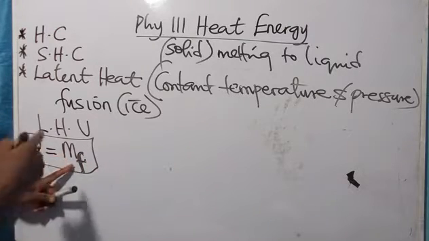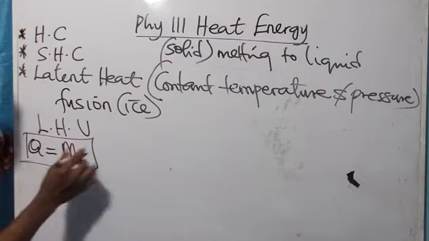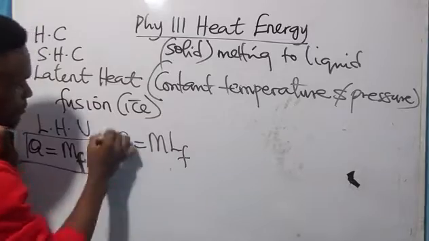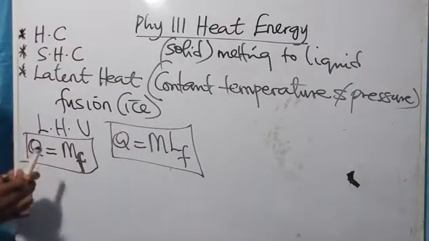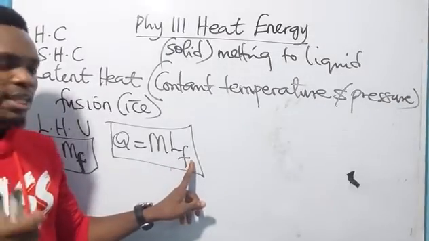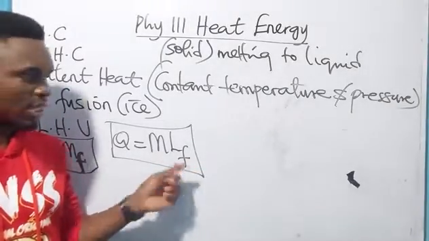Now the specific latent heat of fusion becomes Q equals MLF. M is the mass, then LF means latent heat of fusion. That is for that.